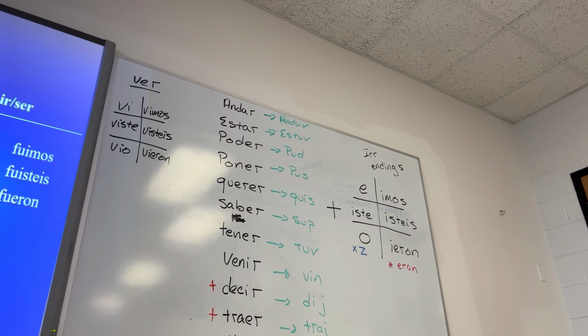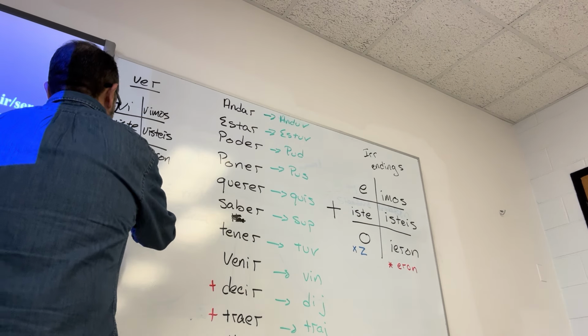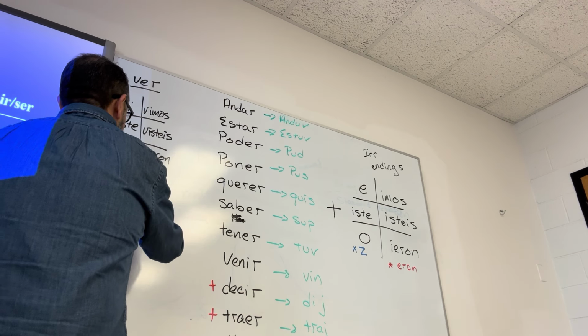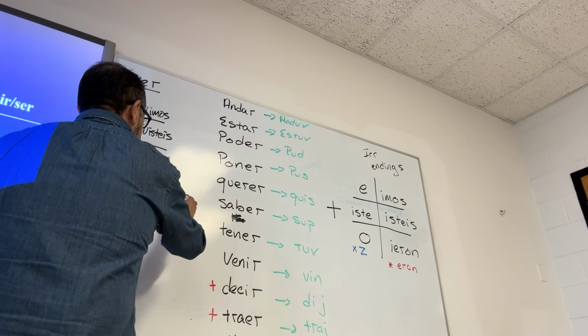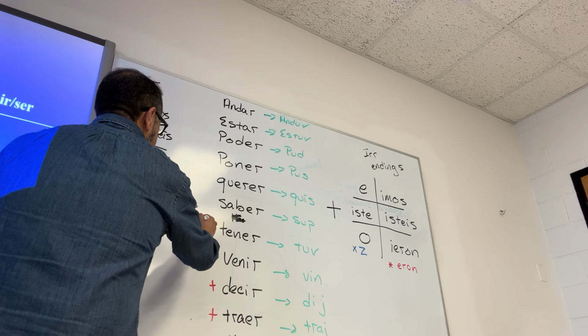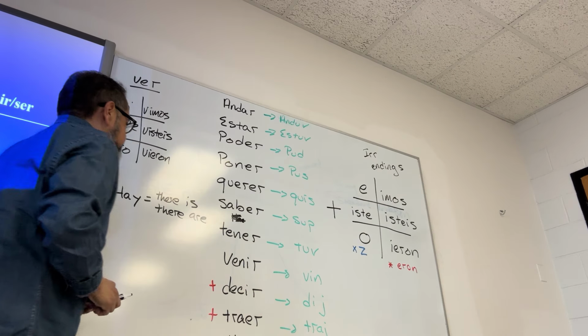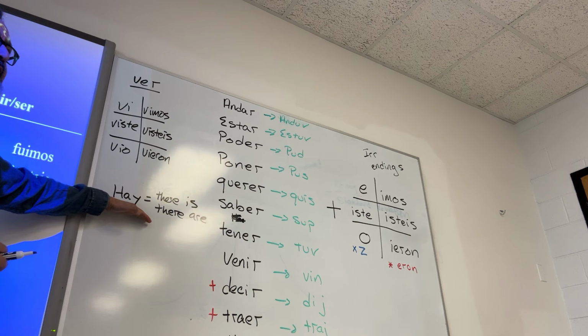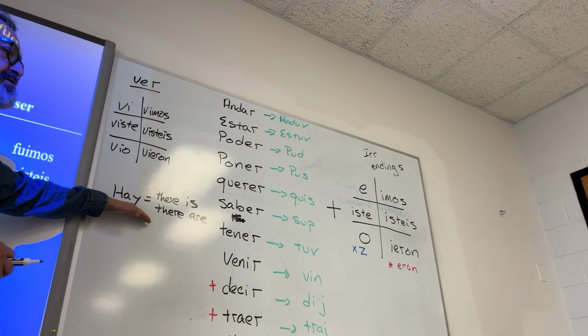Oh, uno más. If you think way back to the preliminary chapter, we use hay to indicate the existence of something. There is or there are. Okay?